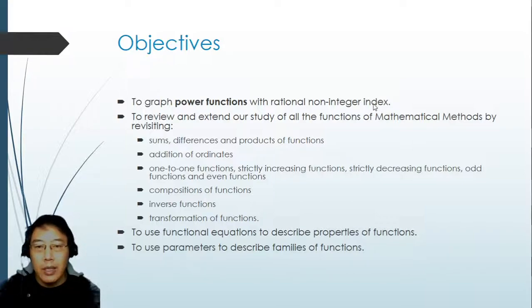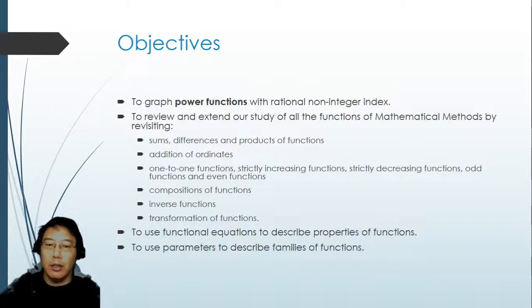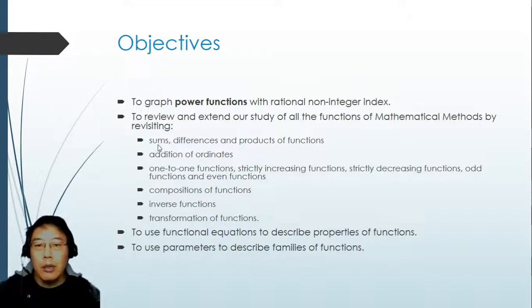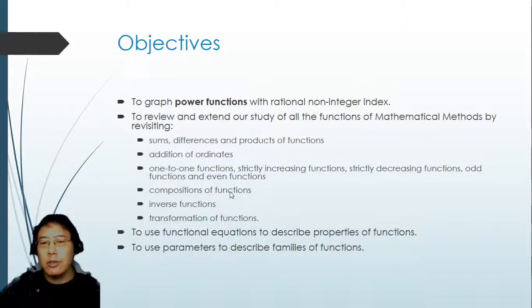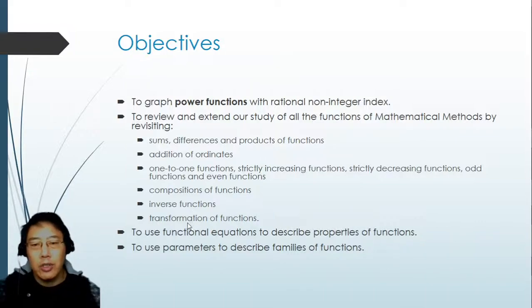We also review and extend some of the functions that we have done: sum, difference and product of functions, addition of ordinates, one-to-one functions with some of their features, hybrid functions, inverse functions, and also transformations.